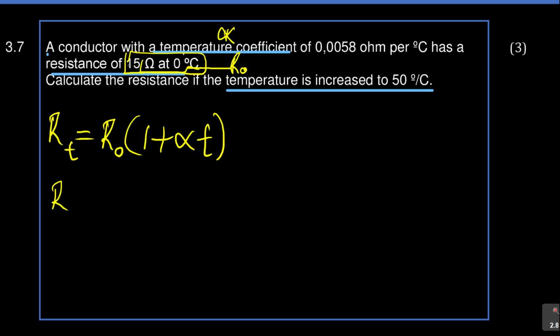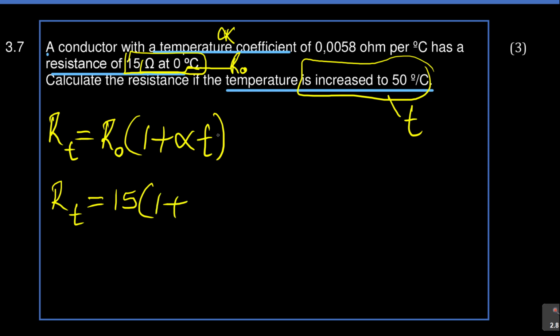So if they link the ohms at 0 degrees, just know it's your R0. Why? Because it's the initial resistance. And then the temperature is increased. This is our T. See that? Then we can apply our RT as 15 bracket 1 plus 0,0058 times 50.